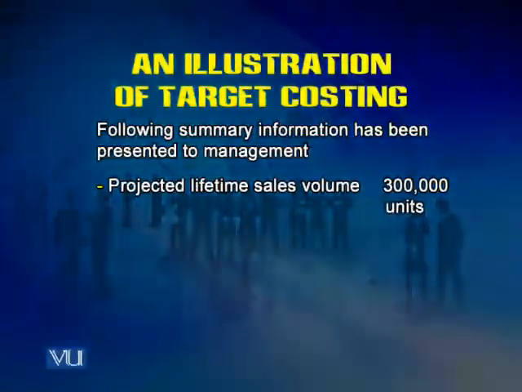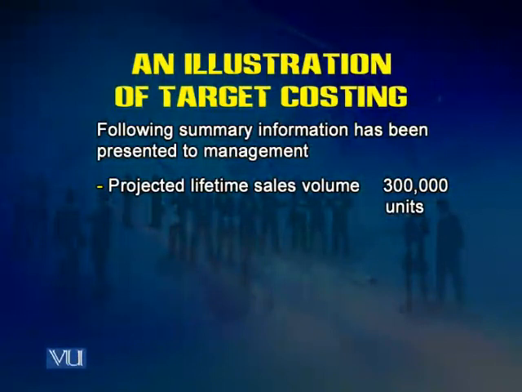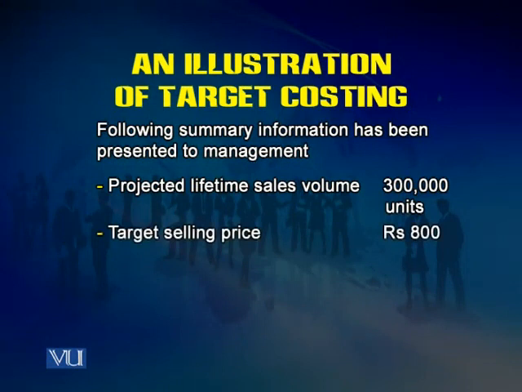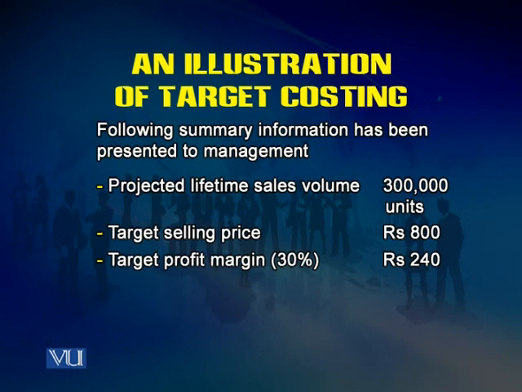So let's look at the information presented to the management of the microelectronics company. The projected lifetime sales volume is 300,000 units, the target selling price is rupees 800, and the target profit margin is 30%. We said earlier 30% of 800 is 240. So the target cost, which is the target price minus the profit margin, is rupees 560.